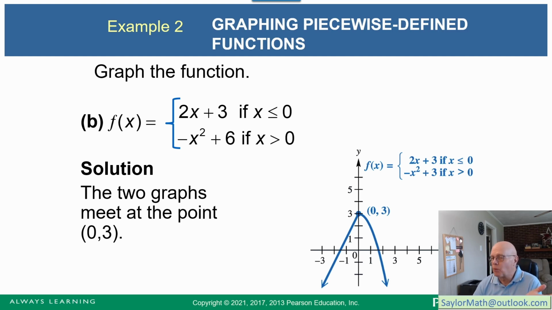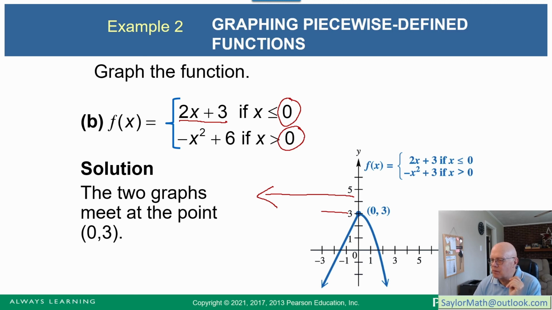Now, this is a more exotic one, but if you get accustomed to doing it with lines, this isn't a big deal. Now, the boundary is the 0. So on this side of the graph, when you pick an x back here, this is how you're going to pick the y that goes along with it.